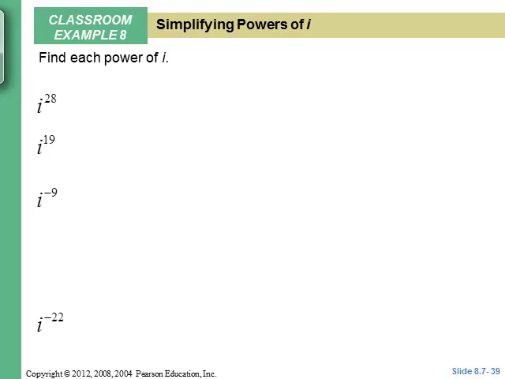So, i to the 28th, all we have to do is, is that divisible by 4? Yes, it is. So that's going to be 1. If you divide this by 4, we're just talking about the remainder part, i to the 3rd, and i to the 3rd is negative i.